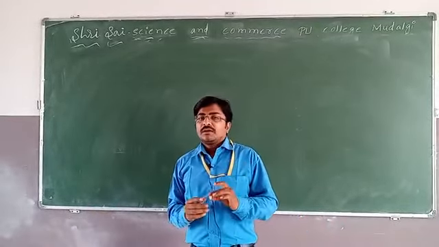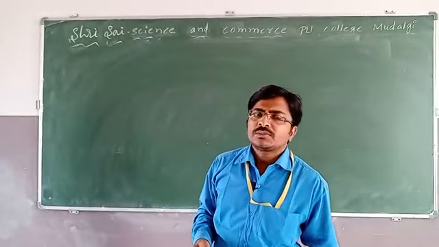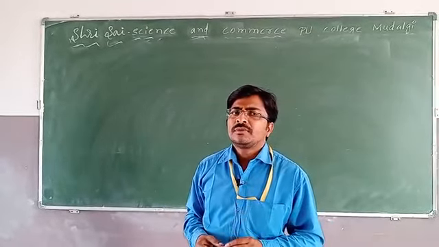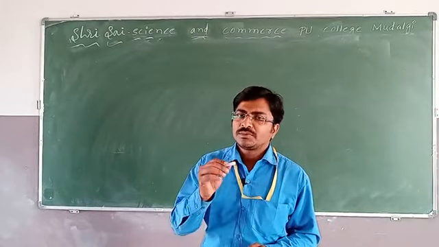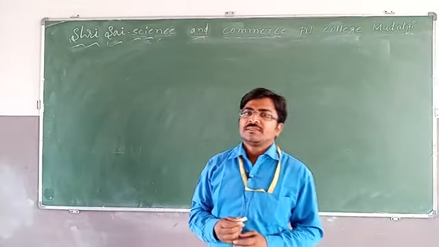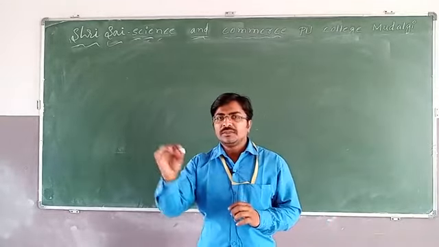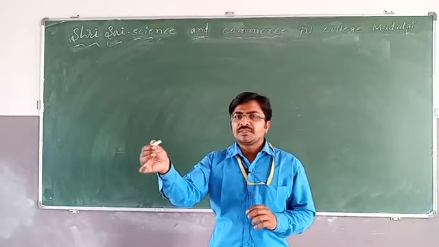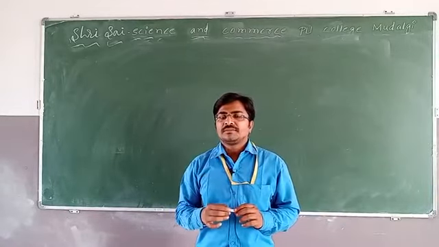See, as I said, what is the source of the magnetism or magnetic field? The source of the magnetic field is moving charge. If the charge is stationary, there is only an electric field. When the same charge starts to move, along with the electric field there is a magnetic field.